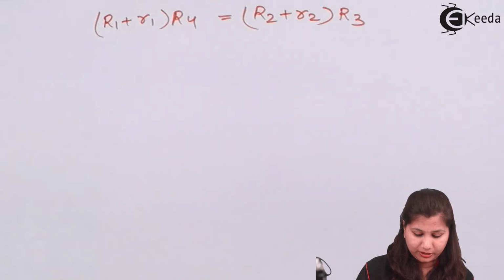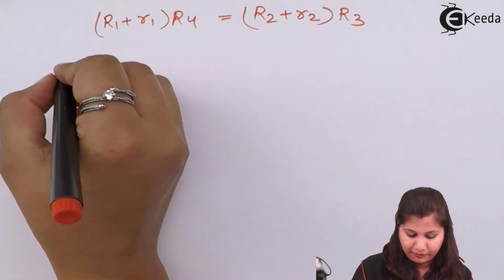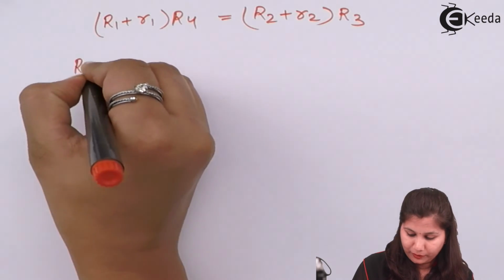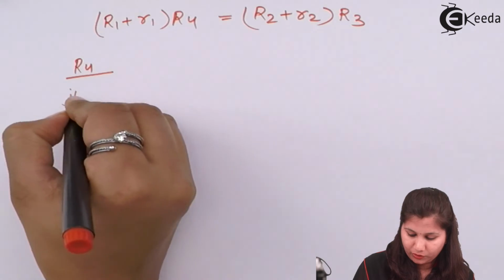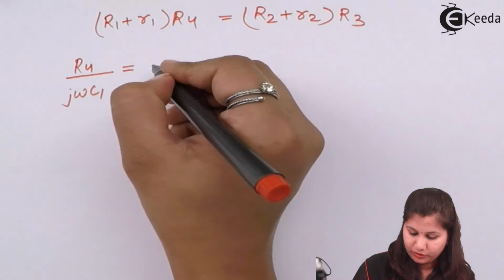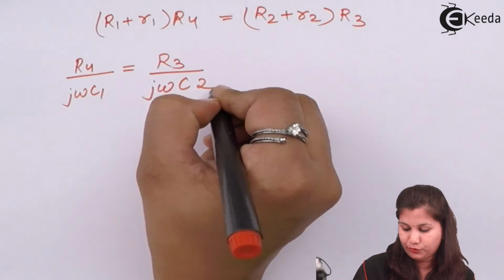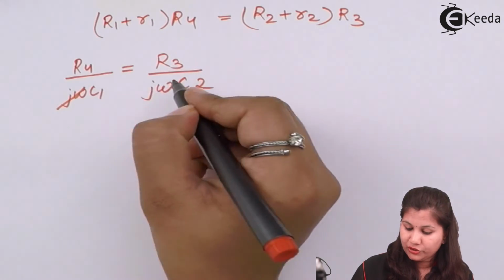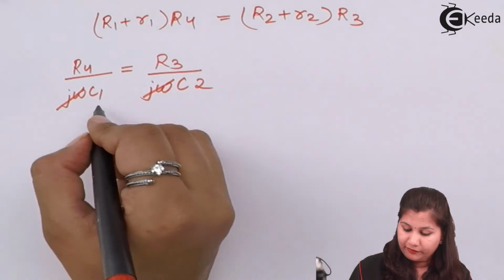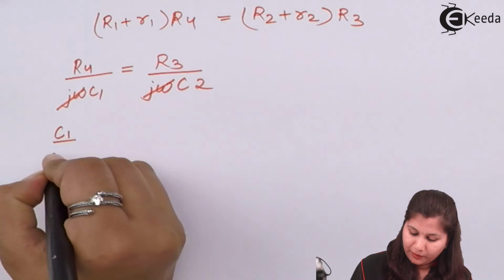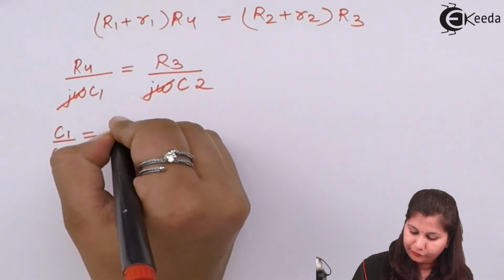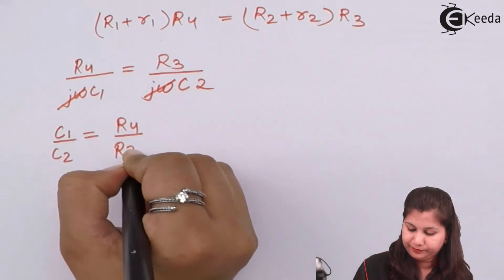And if we equate the imaginary parts, we have the equation R4 upon j omega C1 equals R3 upon j omega C2. So j omega will be cancelled, and we will get the ratio of C1 upon C2 as R4 upon R3.